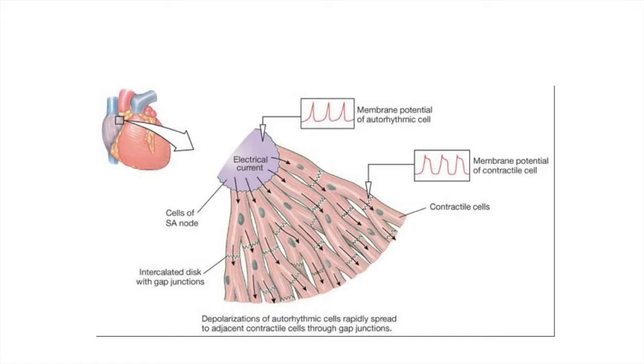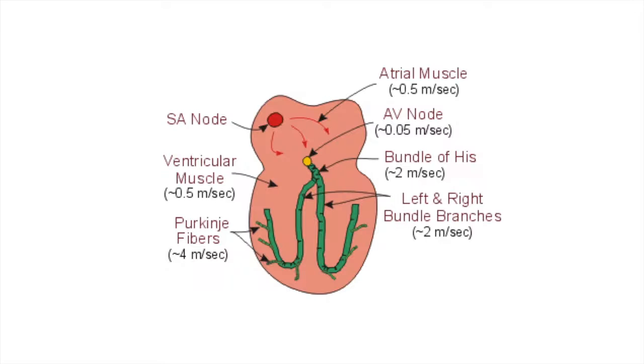And if I look at speeds of electrical signaling within the heart, I have an SA node that is a spontaneous generator of an event. I have about a 0.5 meter a second depolarization of the atrial muscle, right, which is the brawn of the heart. All it does is contract. It's the muscle cell, right? I have this very slow signaling through my AV node, allowing for an appropriate delay to give ventricular filling, right?